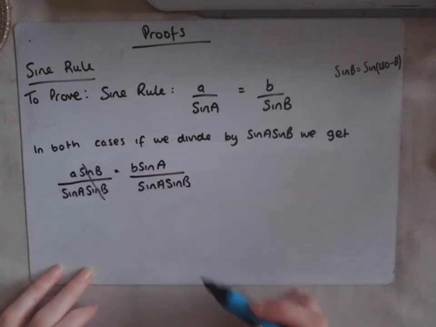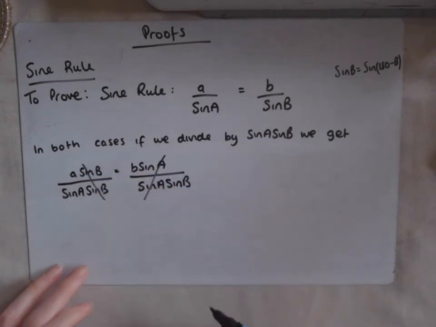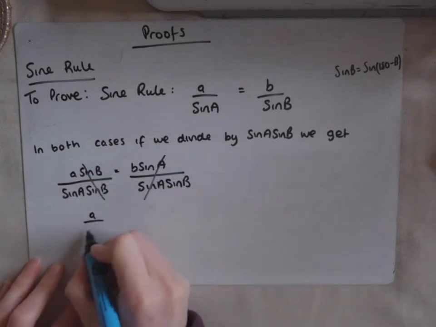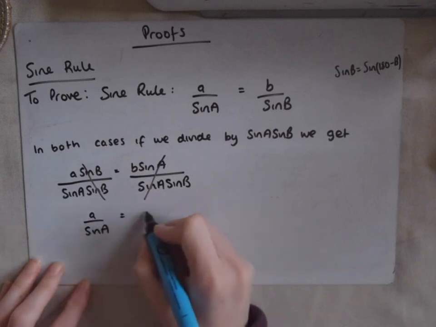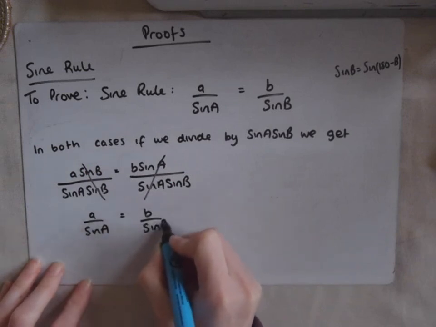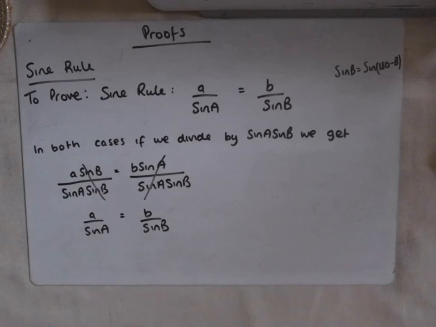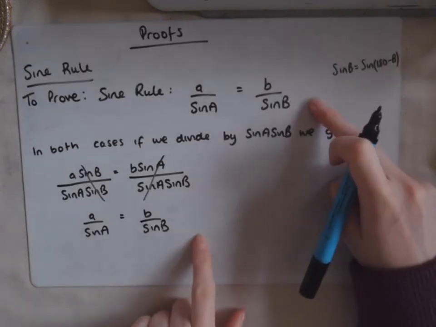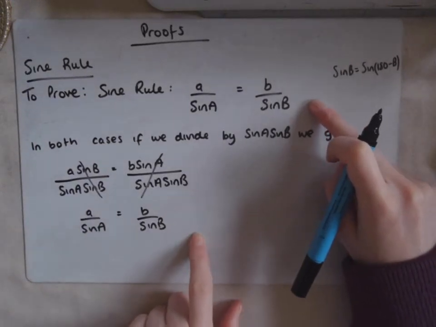The sine B's cancel there, and the sine A's cancel there, and we get a over sine A equals b over sine B, which is what they asked us to prove.